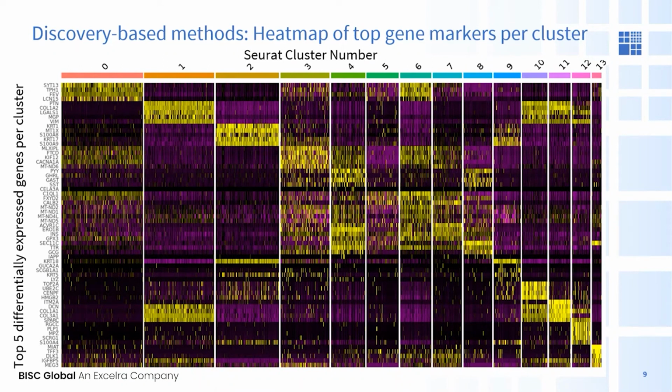And we can see that a lot of these markers are present in multiple clusters. So for instance, FEV in cluster 0 is also very highly expressed in cluster 6. So that marker isn't sufficient to identify just that cluster.